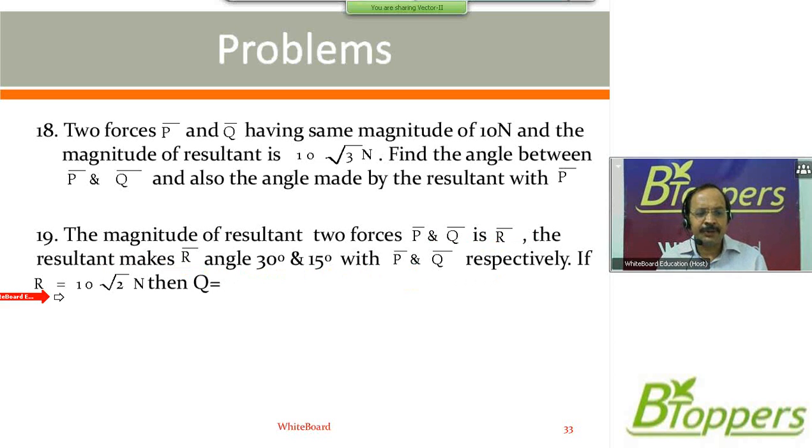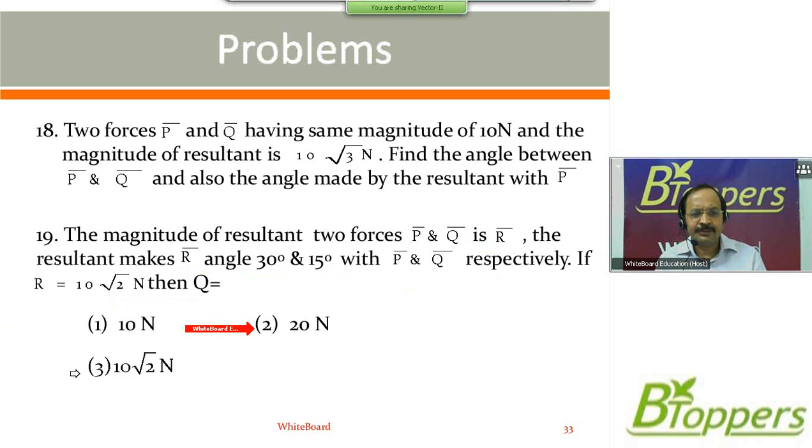If R equals 10√2 Newton, then Q equals, you can look at the options. First option 10 Newton, second option 20 Newton, third option 10√2 Newton, fourth option 10 into (√6 minus √2) Newton.